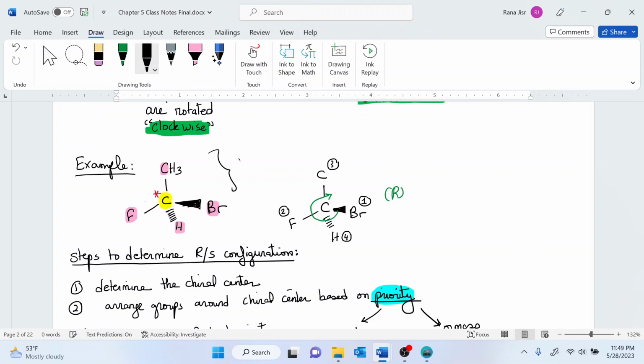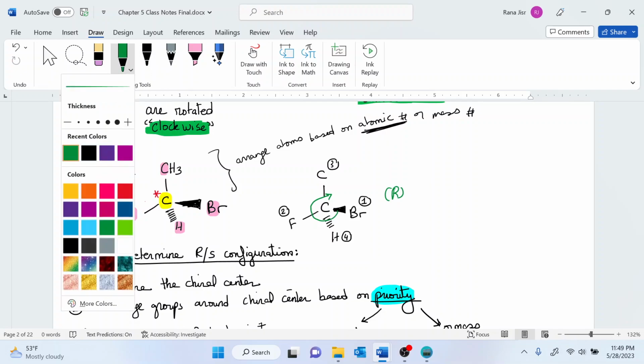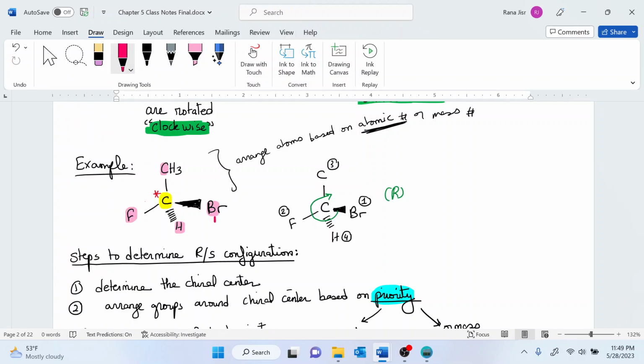And then you go ahead and arrange the atoms based on either the atomic number or the mass number. It really doesn't matter. I'm going to go with the atomic number. So the one that has the highest atomic number, we're going to give it number one.